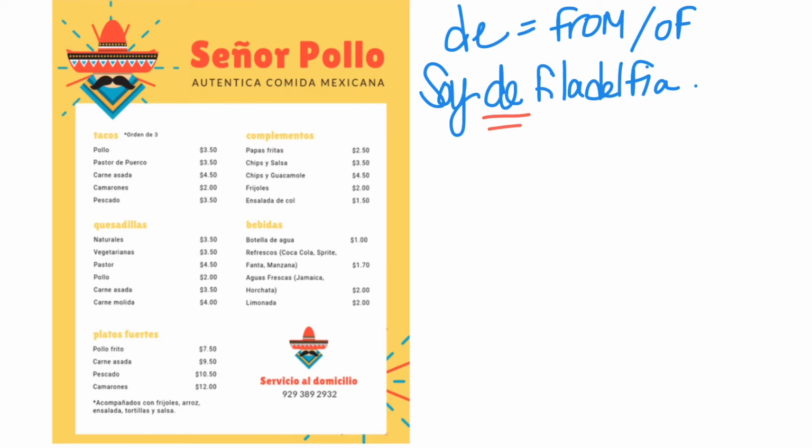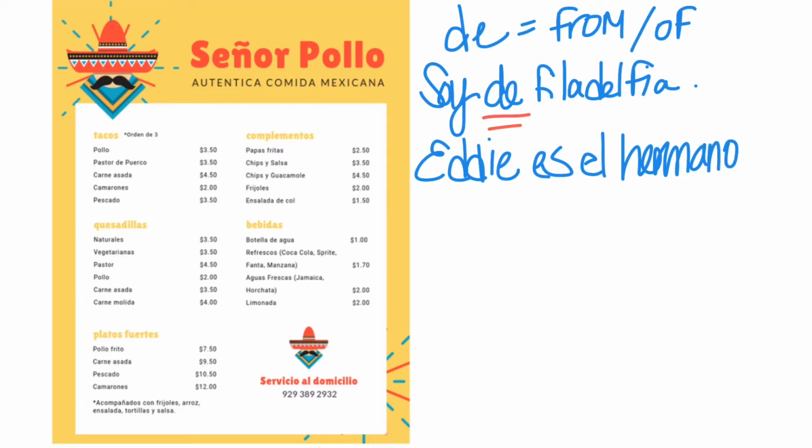I also say it when I'm talking about the relationship between my family members. So I said things like "Eddie es el hermano de Thomas." So in this case, it's "of." He's the brother of Thomas. And we saw it many more times.